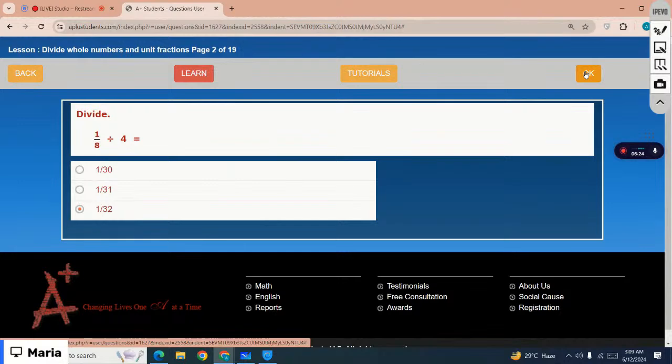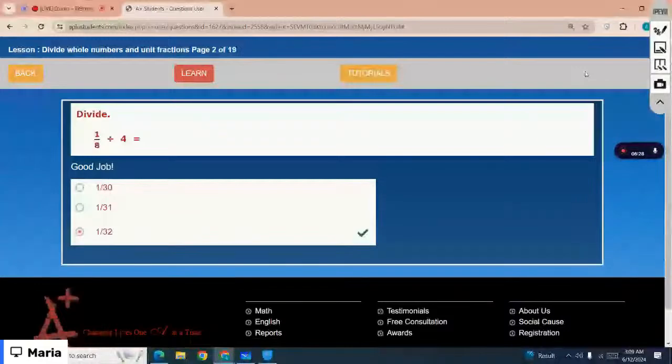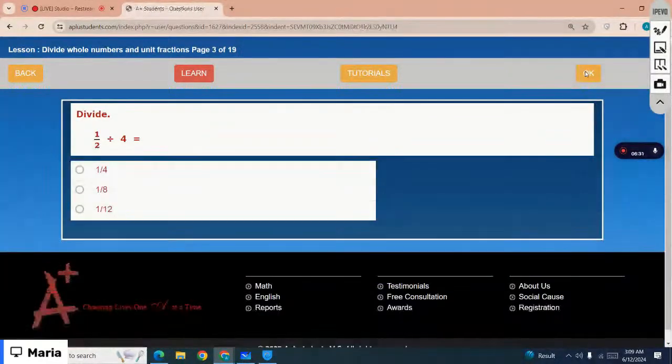Okay, the next lesson is 1 by 2 divided by 4. So which is the correct option?